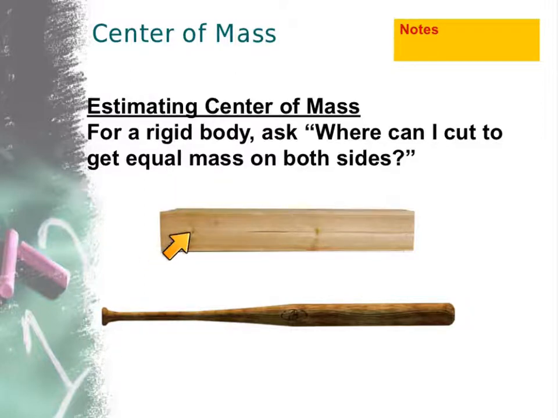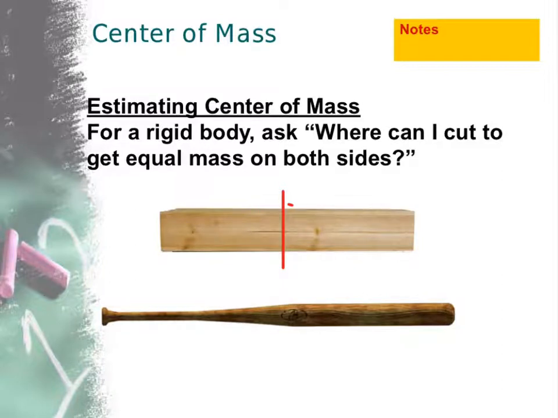So let's start off with this block of wood, and let's assume that it has uniform density. In other words, the particles aren't more packed in one place than they are in another. Well, if that's true, then I know that if I cut about halfway between the left and the right, I am going to have half of my mass on the left, half of my mass on the right.